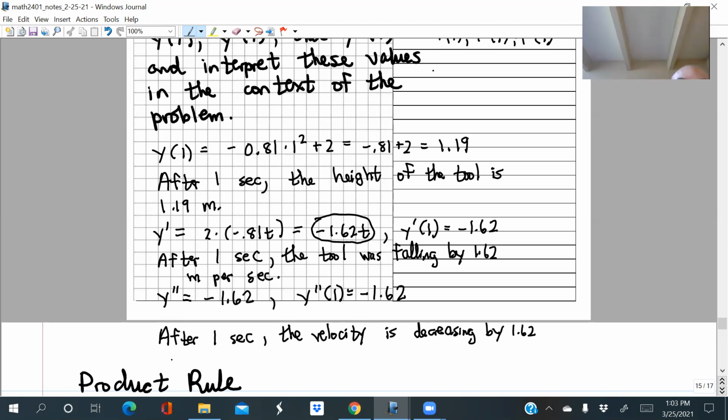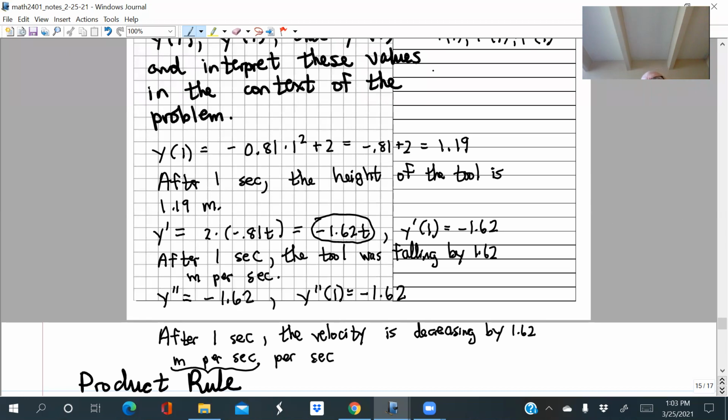Yeah, it's meters per second, but it's per second, okay? Because you see, the velocity is meters per second, right? Okay, so that velocity of meters per second is decreasing by 1.62 per second, okay?